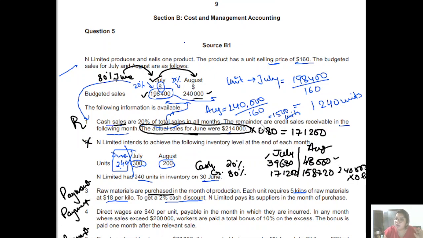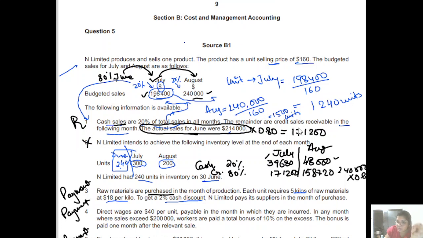And they said whatever is left, 80%, is going to be received in the next month. So 198,400 into 80% is going to be recorded in which month? August. Why?